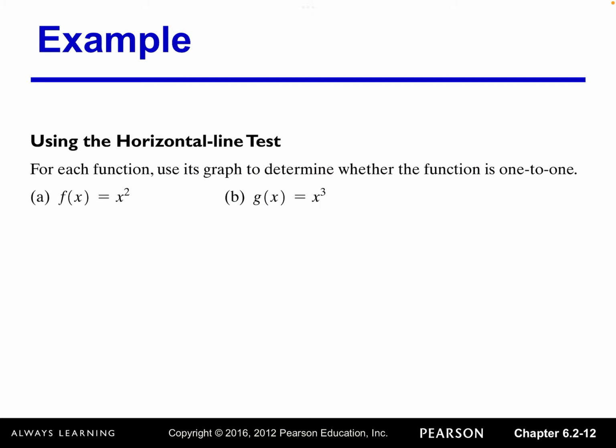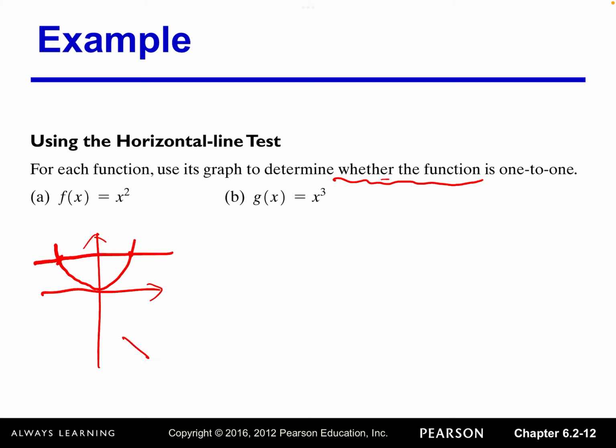Next example: use the horizontal line test to see whether the function is one-to-one. We already know those are functions, so all we need to check is whether they pass the horizontal line test or not. The square function we know is a parabola. If you draw a horizontal line, two x-intercepts, so this is not a one-to-one function.